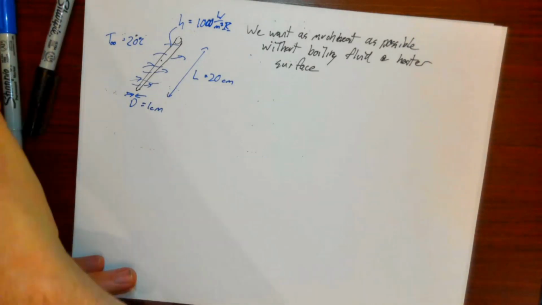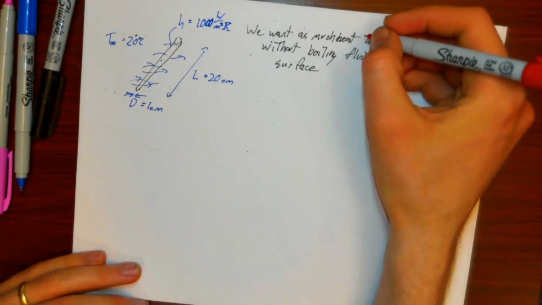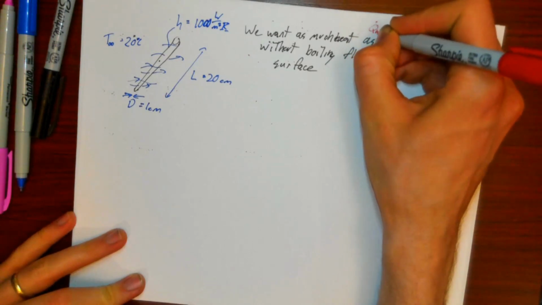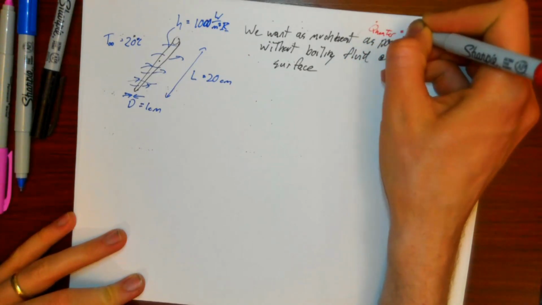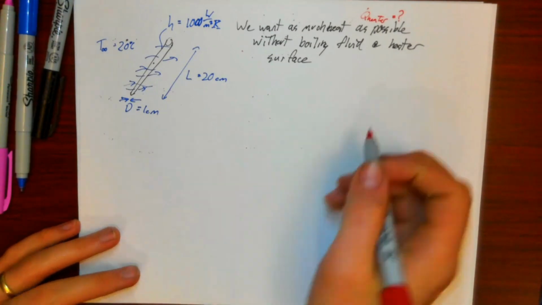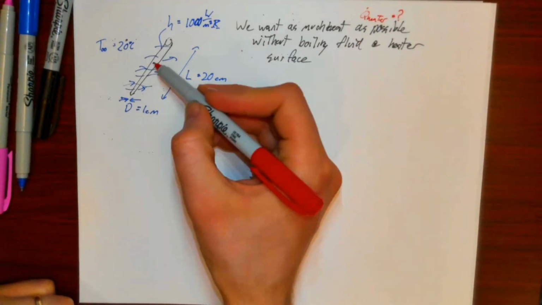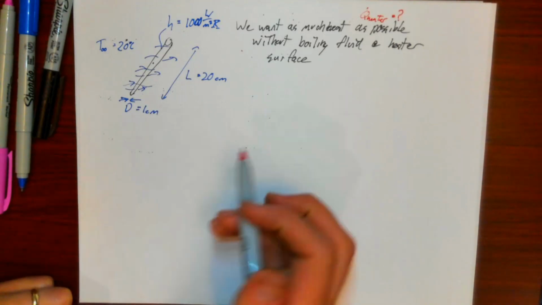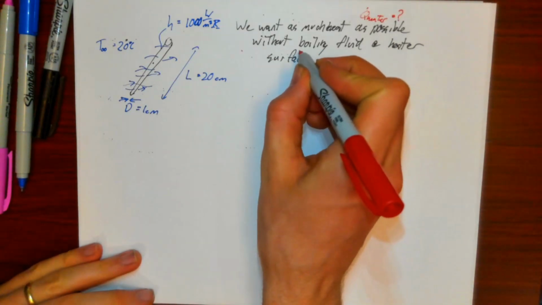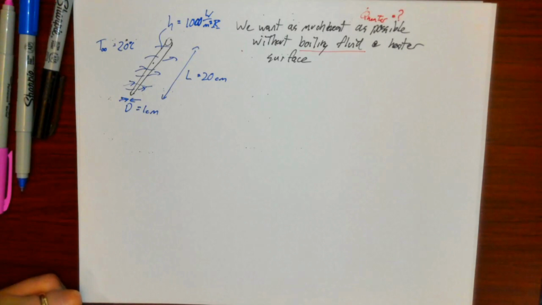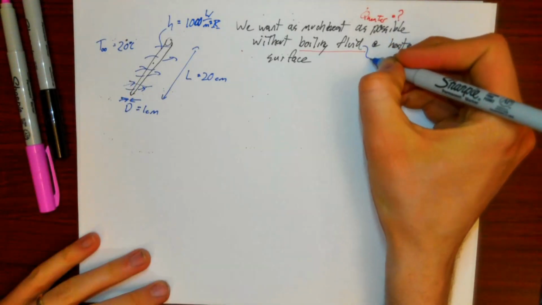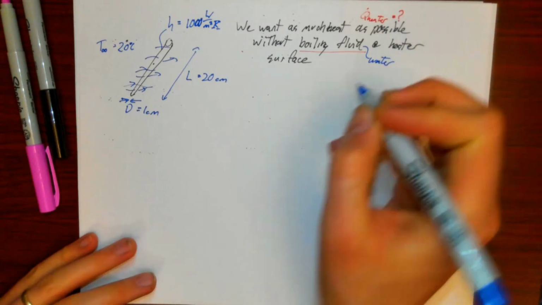And we want to know as much heat as possible. We basically want to know how many watts we can have this electric heating element produce without having the water boil at the surface, without boiling the fluid, which is water, at the surface.